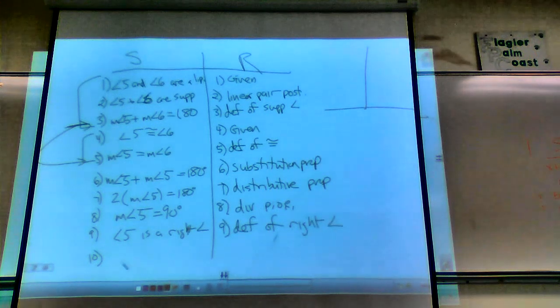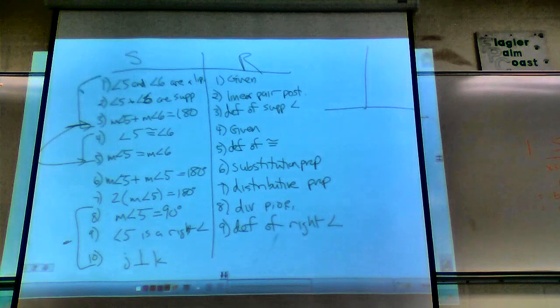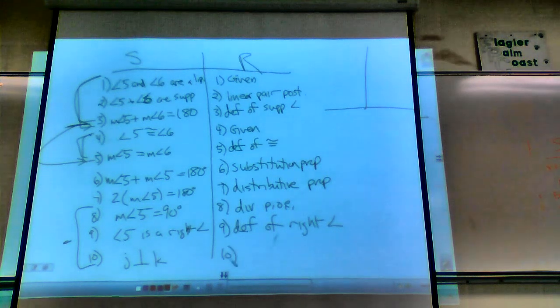And then the last thing is with J and K being perpendicular. Which again, this part right here, that's on the progression sheet. This is old equation stuff. Okay, so a majority of this would come from the progression sheet.